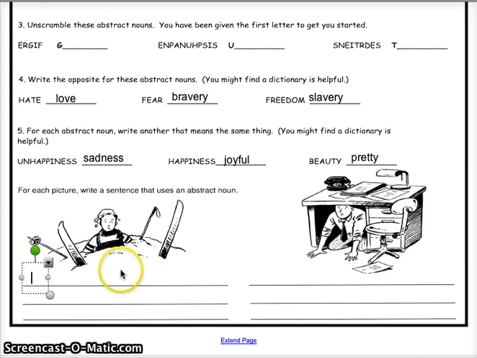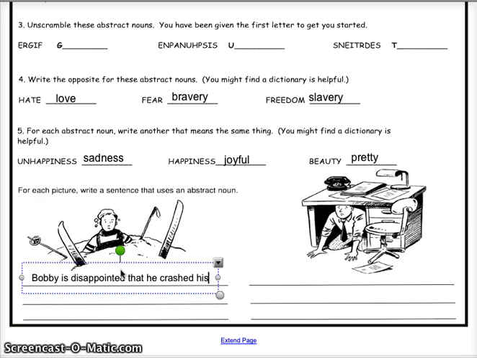Let's go to 16 today. So he needs a name. I'm going to call him Bobby. Bobby is disappointed that he crashed his skis. Now you can think of any other sentence if you'd like that includes an abstract noun.